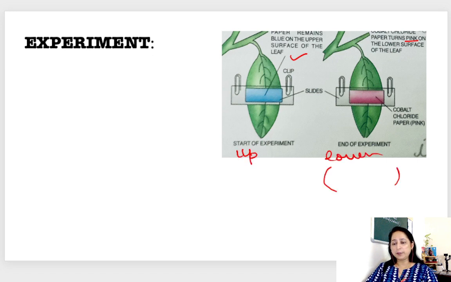We know that the number of stomata on the lower surface of the leaf is more, and on the upper surface stomata are less. तो क्या होता है?